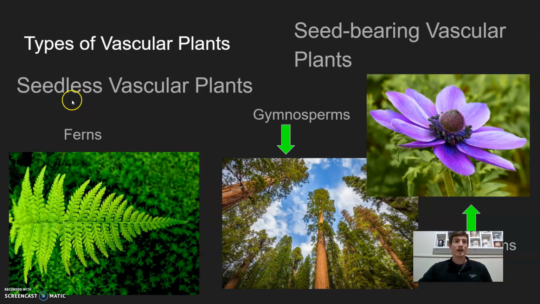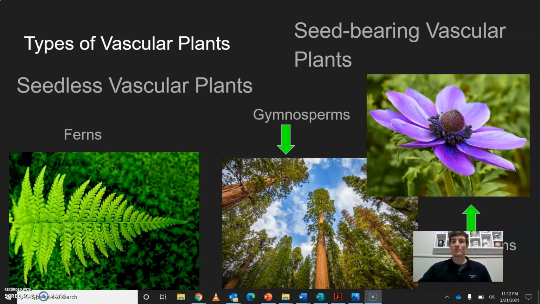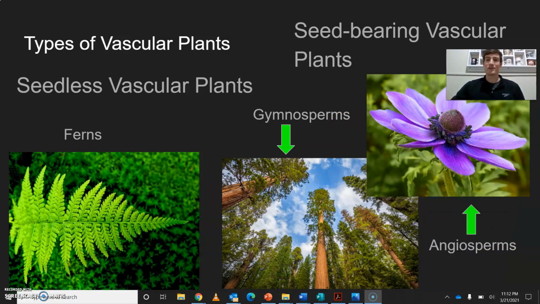Sorry, I think I forgot to say these are called seedless vascular plants. And the seed-bearing vascular plants are ones that, as the name would suggest, actually produce seeds. And I know my picture is covering this, but the two examples here are Gymnosperms, which are cone-producing plants, and Angiosperms, which are the flower-producing plants.